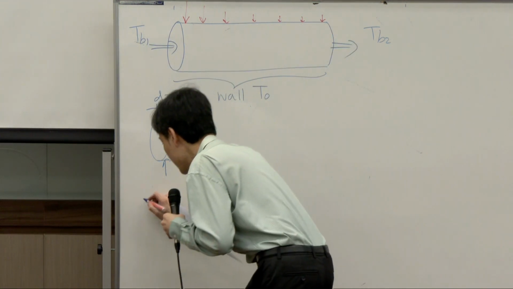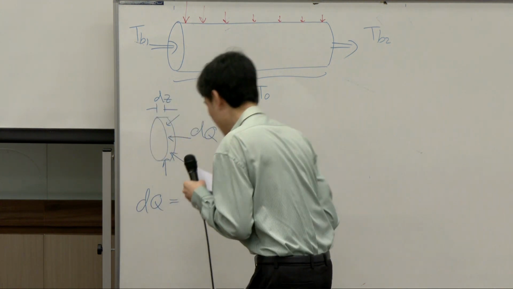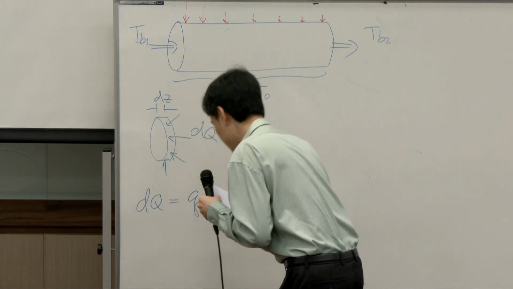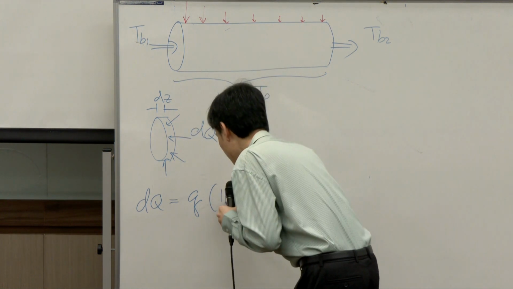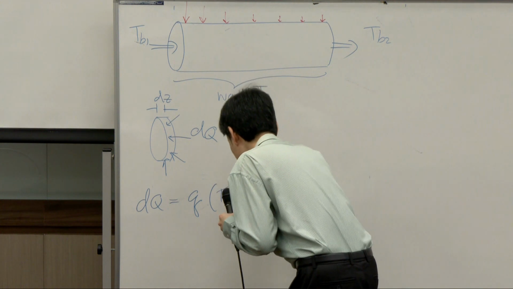So note that dq should be equal to flux times the area of this slice. Heat transfer area will be pi d dz.